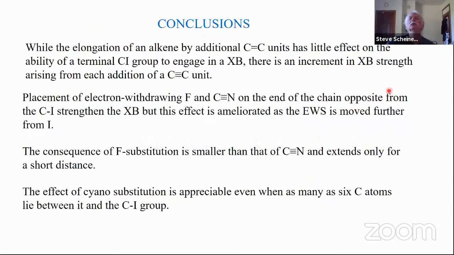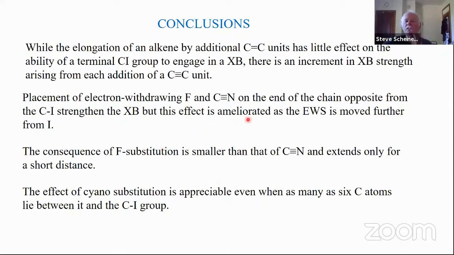So the conclusions of all of these things: if you simply elongate an alkene by adding more CC units, so this is just with a hydrogen, that doesn't affect the CI group. Although if you use triple bonds, there is a small increment that arises as the triple bonded alkyne monomer gets longer. You get a stronger effect if you add an electron withdrawing agent. In this case, we considered F and CN.